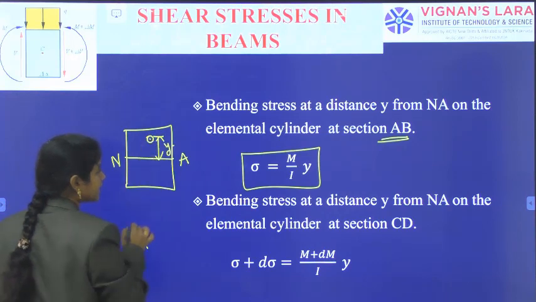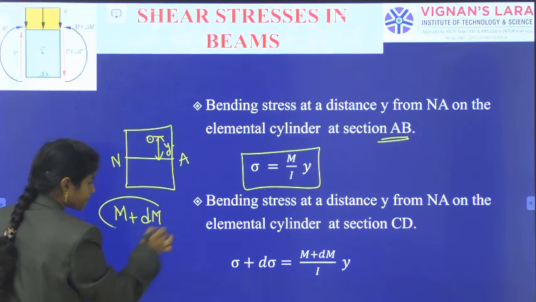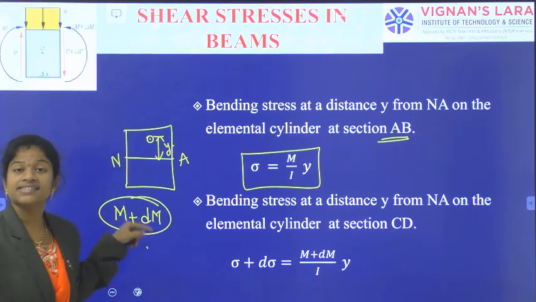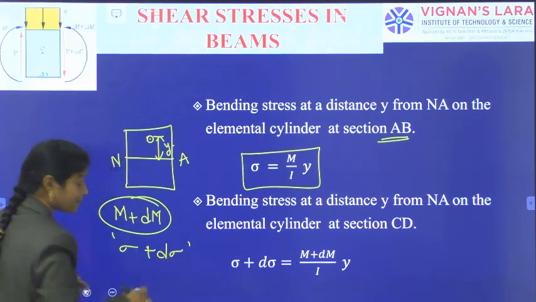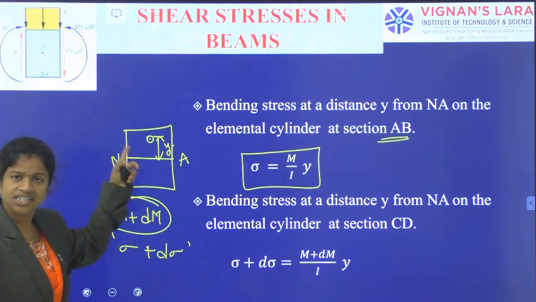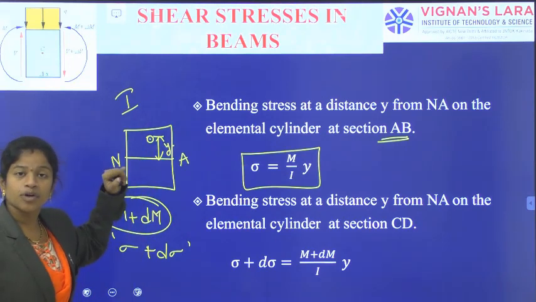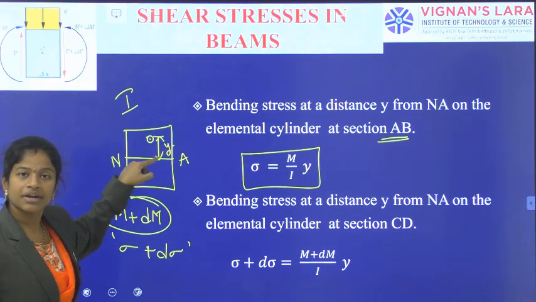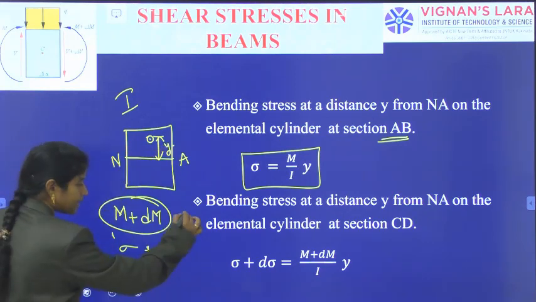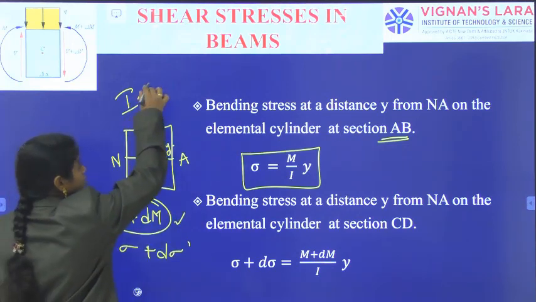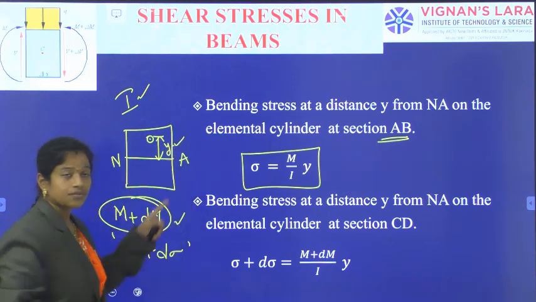Again I am taking the element, but on the CD section the moment is M plus dM, the corresponding bending stress is sigma plus d sigma, and the moment of inertia of the section is the same, BD cube by 12. Again I, and the point where we are calculating the bending stress is at a distance y from the neutral axis. So for the bending moment having moment of inertia of the section as I, the point I am considering is at a distance y from the neutral axis.